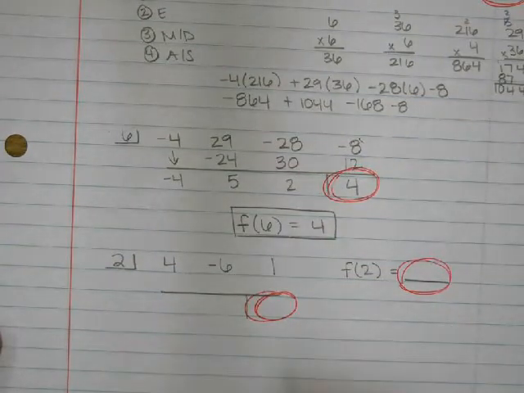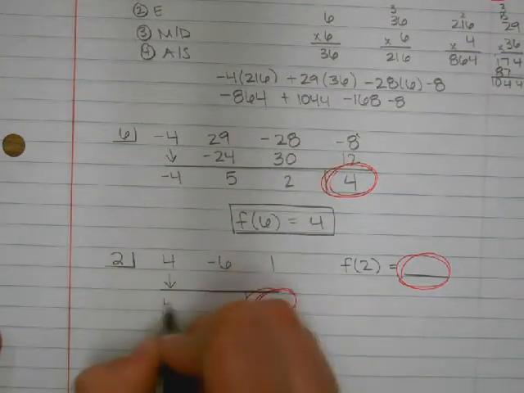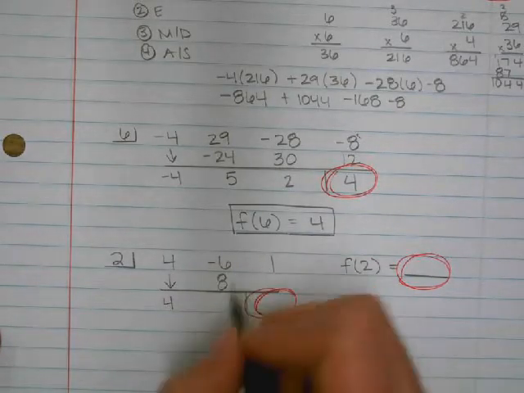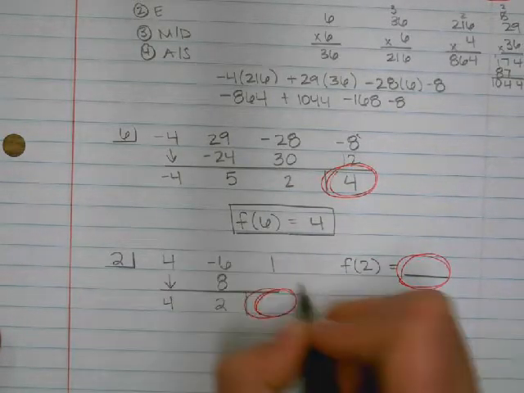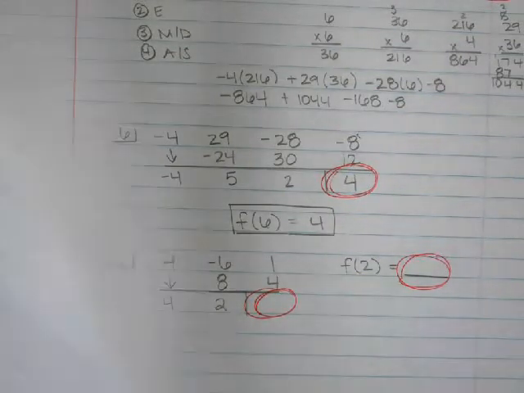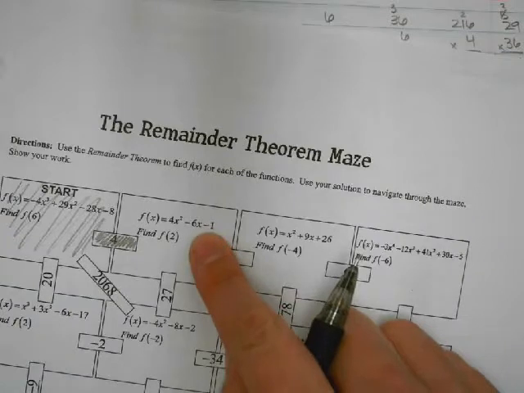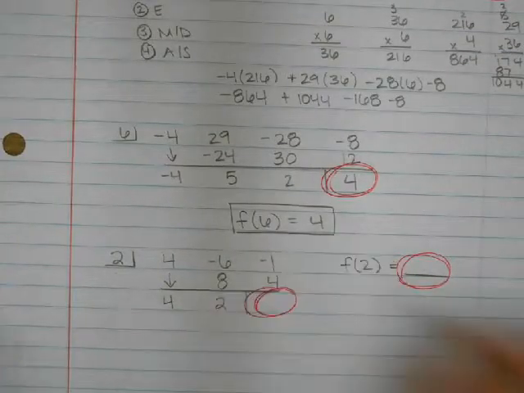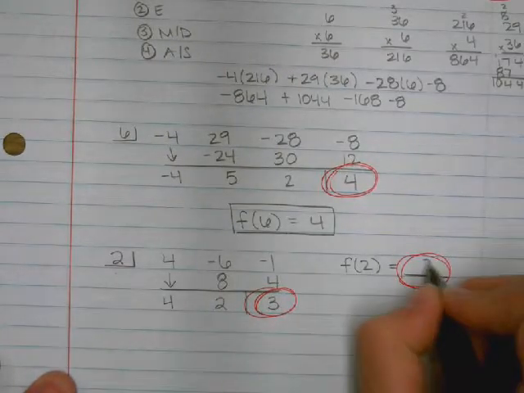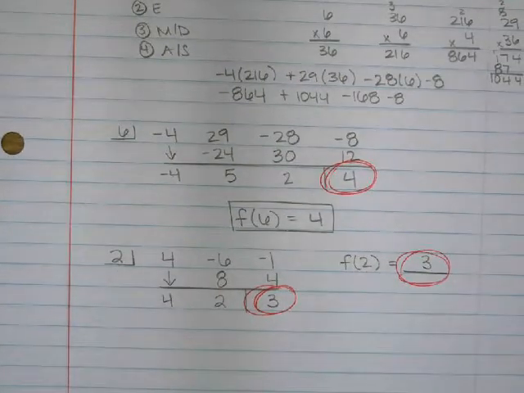I'll drop down the 4. 4 times 2 is 8. Negative 6 plus 8 is 2. 2 times 2 is 4. I wrote the problem down wrong, sorry guys. That was supposed to be a negative 1. So negative 1 plus 4 is 3. That means if I plug in 2, I get 3 as my answer.